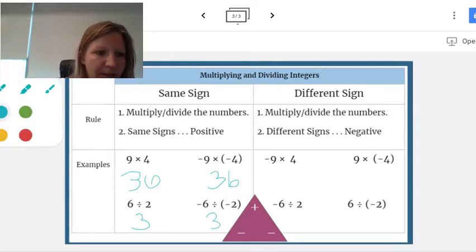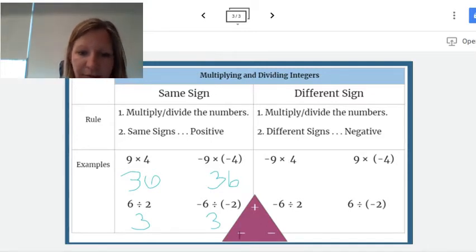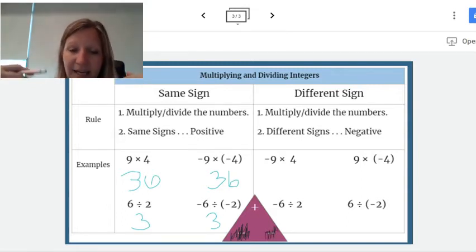So I would cover up the negative sign for the first negative number, -9. And then I would cover up the second negative number, like -4. And so what's left is the sign of your answer. And so since it's a positive that's left, your answer is going to be positive. Okay.